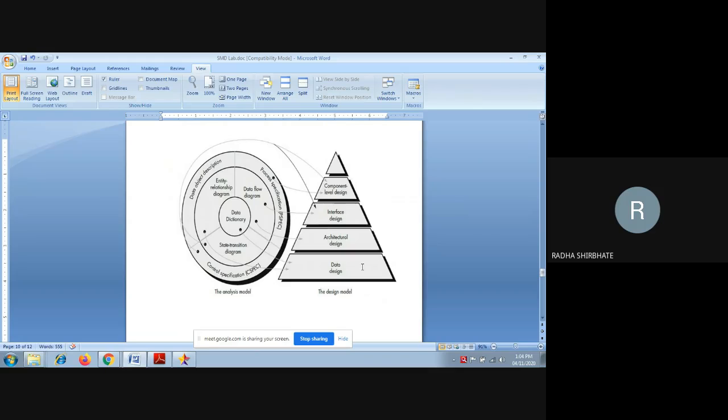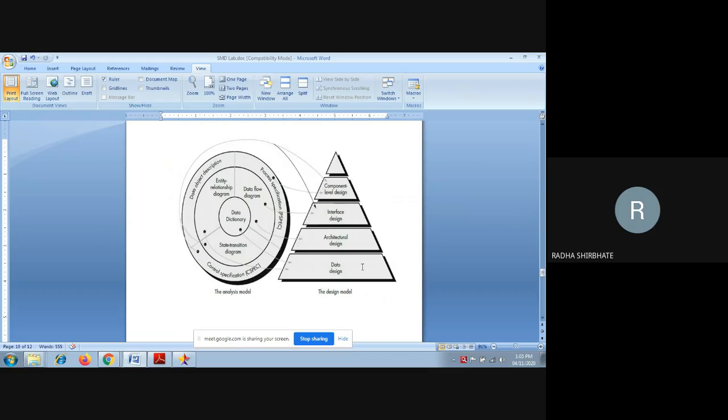We store the complete information about the system. That information may include the SRS document, the documentation you did while communicating with your customer, and the types of requirements. All this information is enclosed within the data dictionary.